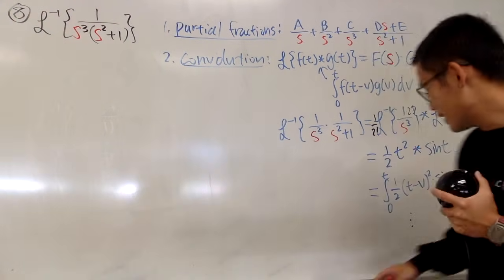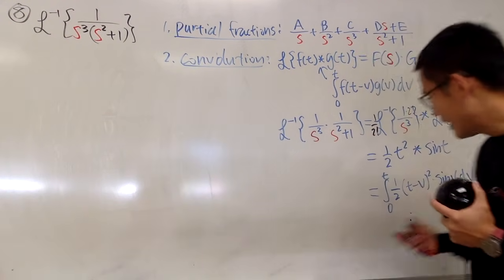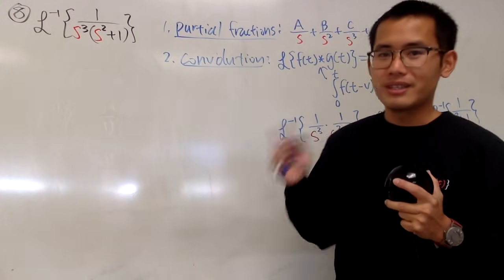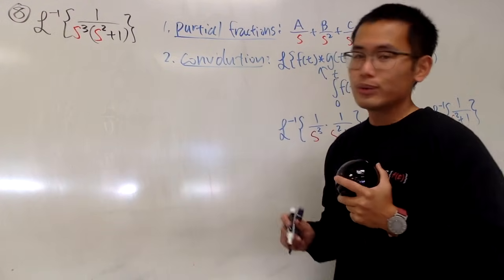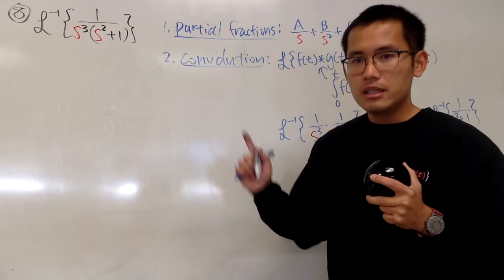On the exams though, do not just put down 3 dots. You actually have to work that out and show the teacher what the answer is. But this is how you can approach that. I have a better example with the convolution later on, so I'm not going to do the convolution here.